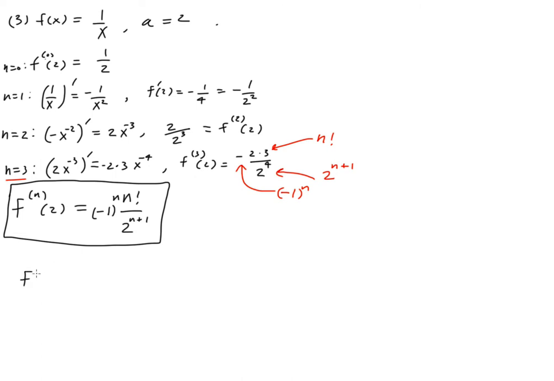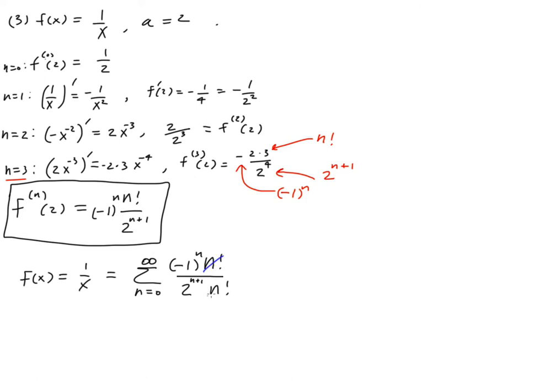So finally what I do is I write down f of x is equal to 1 over x, which has the Taylor series about 2, and this is going to be n equals 0 all the way to infinity. We're going to sum this up, and this is going to equal negative 1 to the n power times n factorial all over 2 to the n plus 1, right? But then we have to, of course, divide by n factorial.